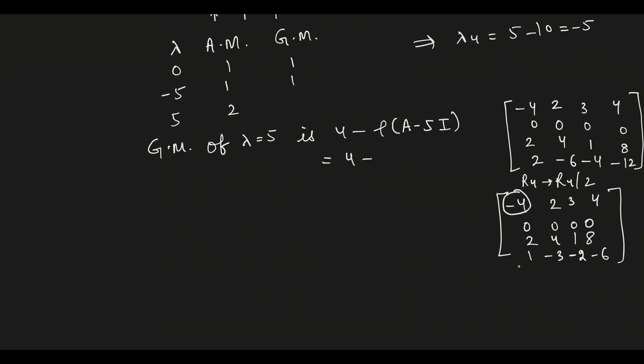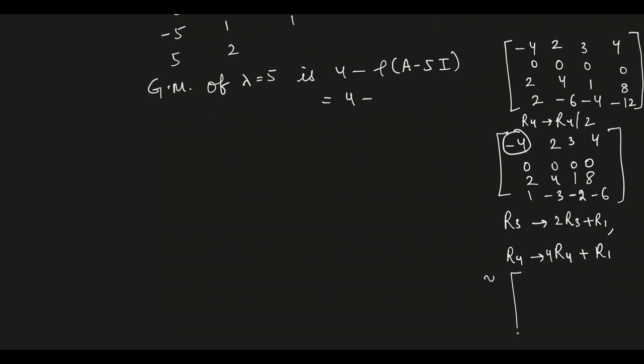इसके नीचे वाली एंट्री 0 बनाते हैं एक बार। फोर टाइम्स ऑफ R4 प्लस R1। 2 3 4 0 0 0, 4 times of R4 plus R1.